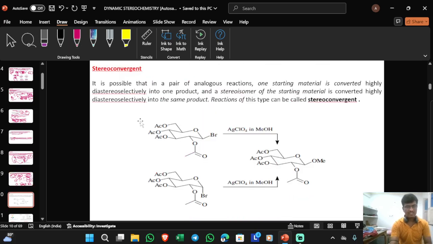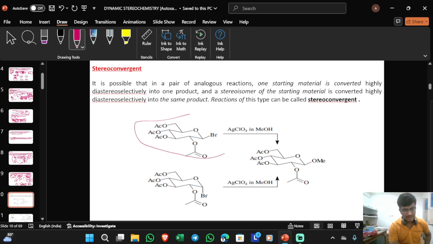Then another: stereoconvergent. Why is it stereoconvergent? I am talking about this now. This compound is so tricky. There is no understanding of this type of reaction until the end product.